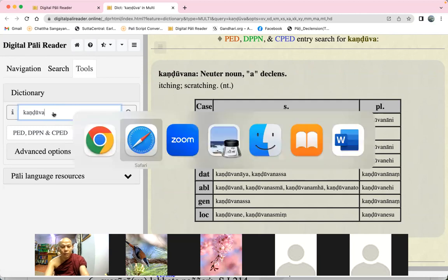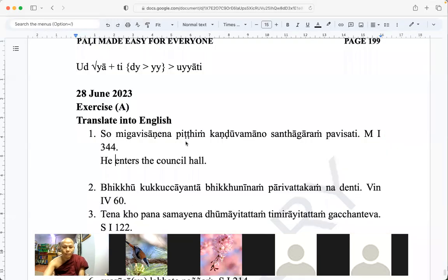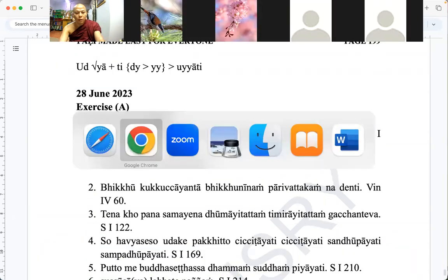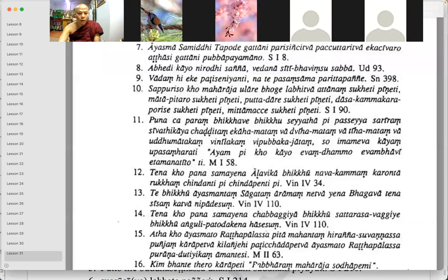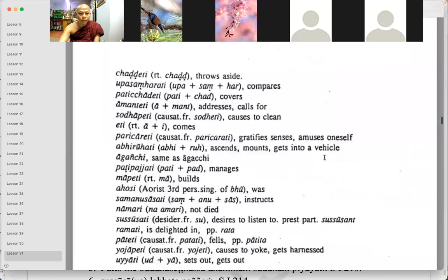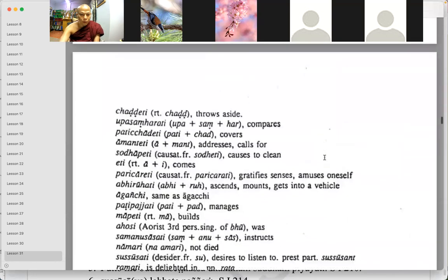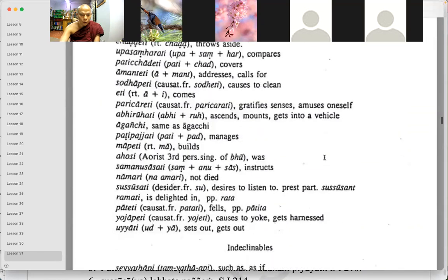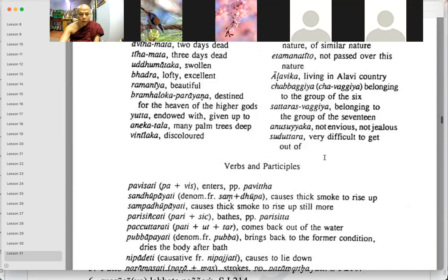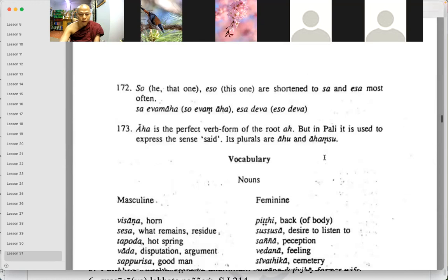It may be denominative, in the list of vocabulary actually, in the exercise in the lesson.